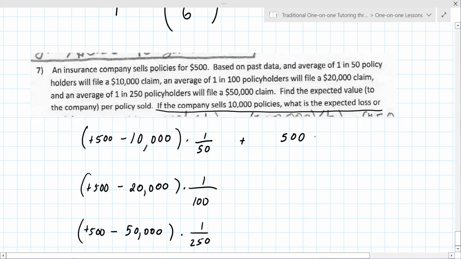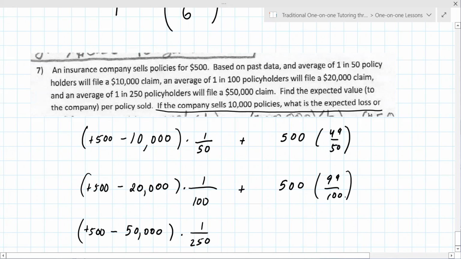They get the 500, and 49 out of 50 times they get to keep it. Do you follow that? The 1 out of 50 they lose it, plus they gain the 500. And then this would be 99 out of 100 times.